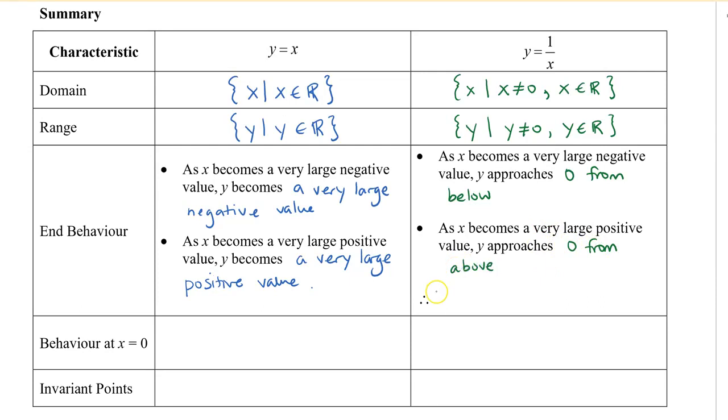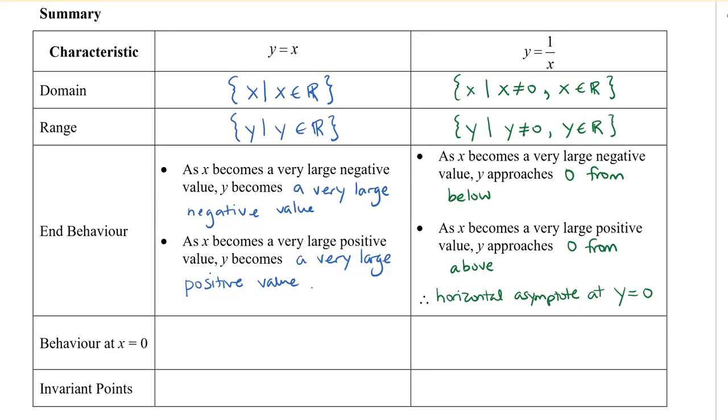So because of this, we get a horizontal asymptote at y equals 0. And you'll actually learn more about this even more so when you take calculus.